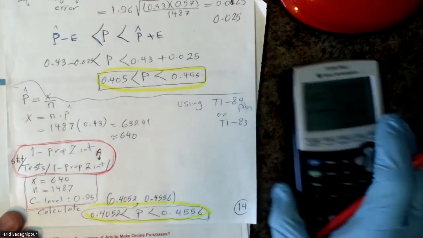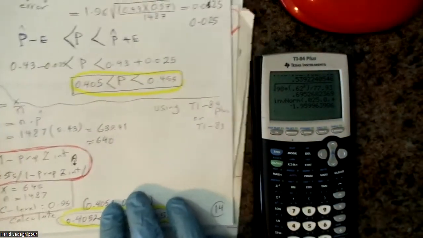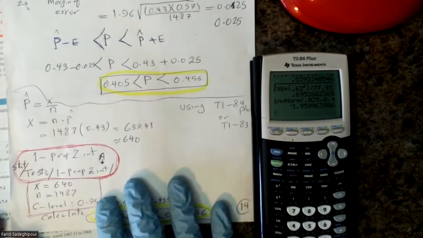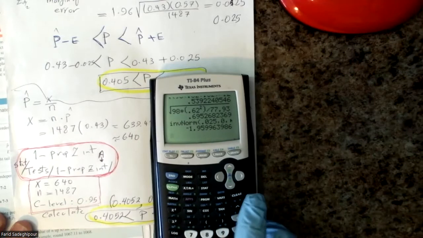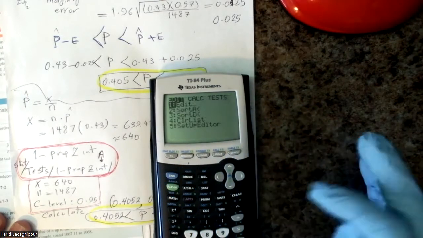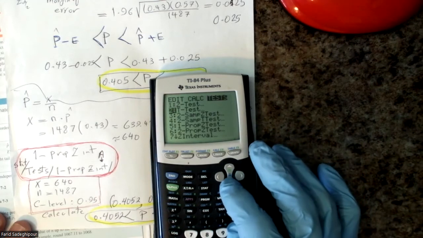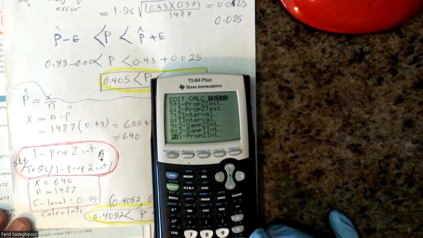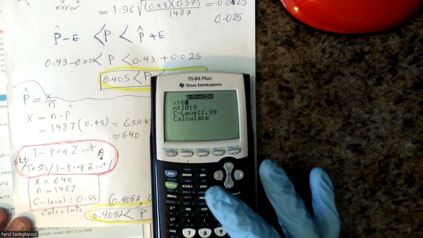Then, if you want to use the calculator instead of going through all this, you could just go to Stat, Test, then scroll down to 1-Proportion Z Interval, which is A. X is 640.